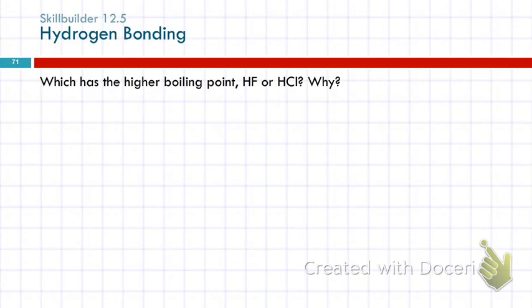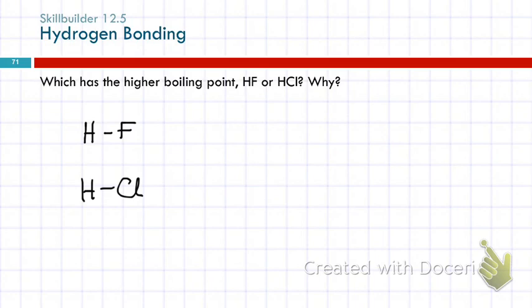Everything has dispersion forces. Are these molecules polar? Yeah. They're diatomic, and they're 2 different elements. We've got HF, and we've got HCl. So they're both polar. They both have dipole-dipole forces. So far, they're neck and neck.